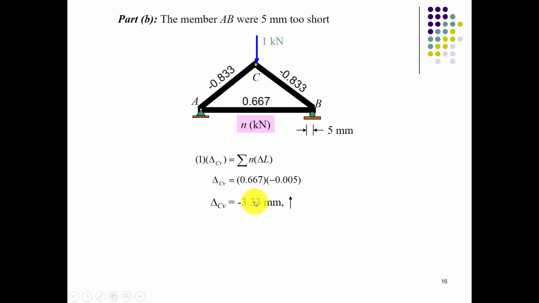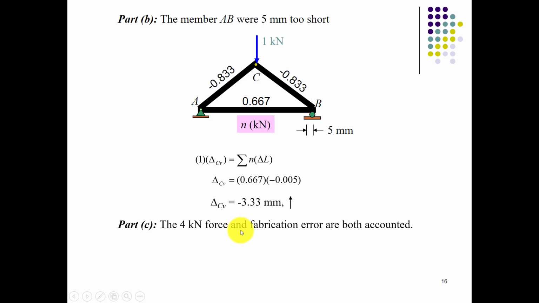So minus values show that it is going in upward direction. As our supposed direction was downward, it is negative, it means it would be in upward direction. So the support C would face the upward deformation.